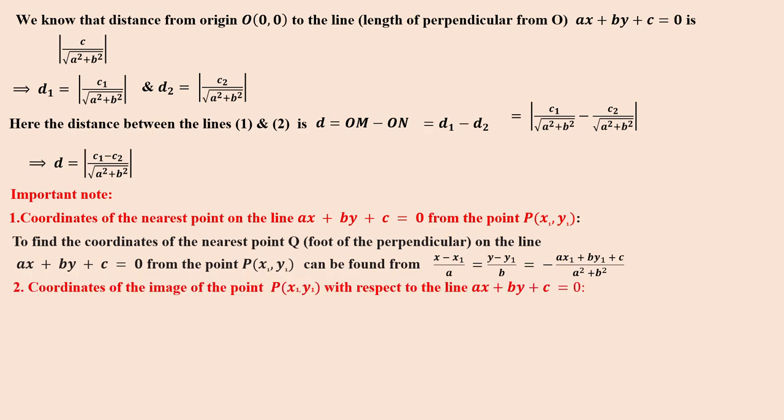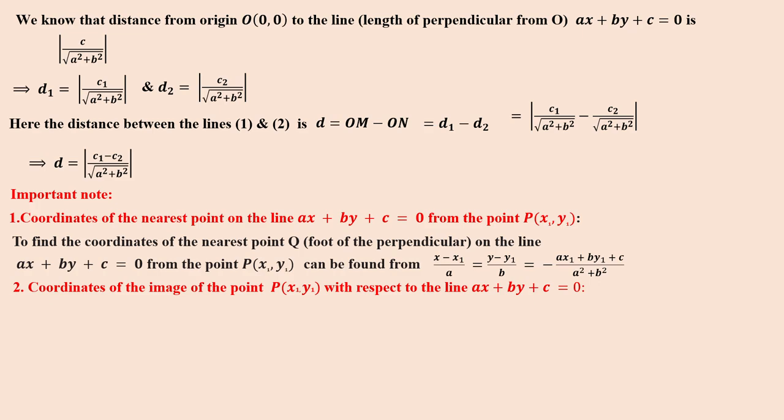Second one, the coordinate of the image of the point p(x1, y1) with respect to the line. See, the line is acting like a mirror. So if you put one point there on one side, p(x1, y1), then the reflection, that is the image, is on the other side, that is p dash, (x1 dash, y1 dash). So how to find the coordinate of p dash, that is x1 dash and y1 dash?